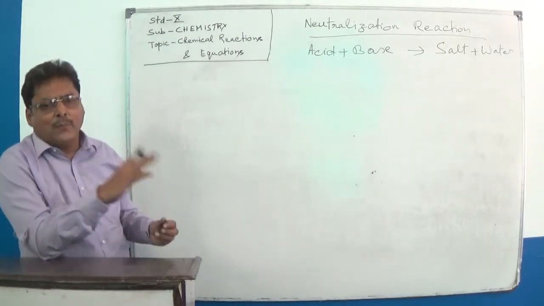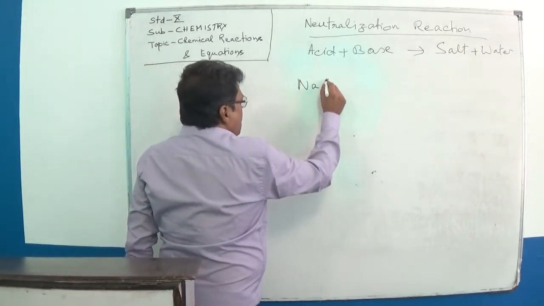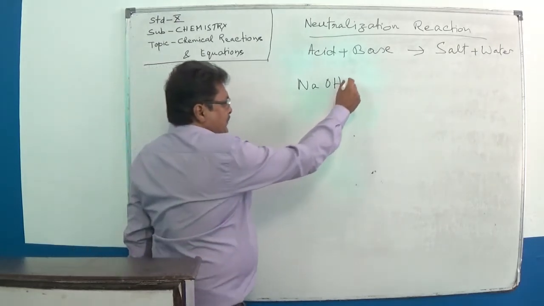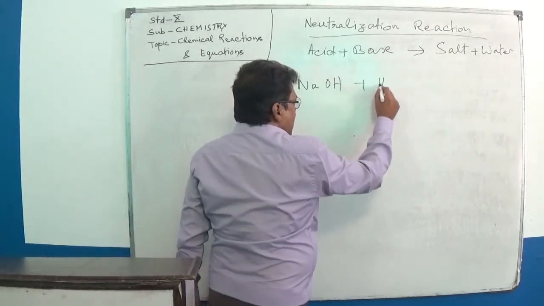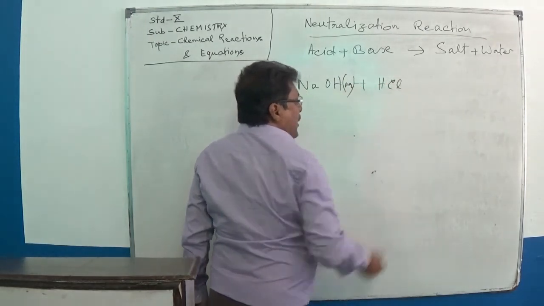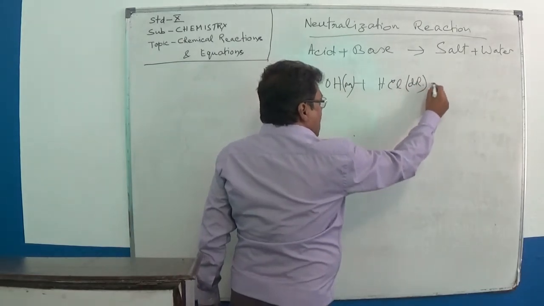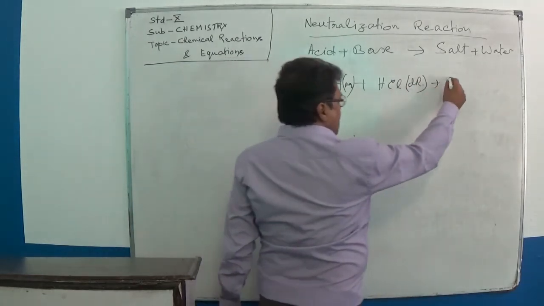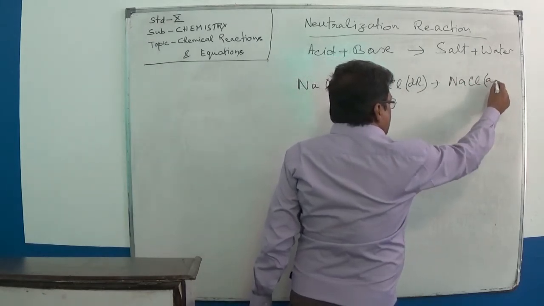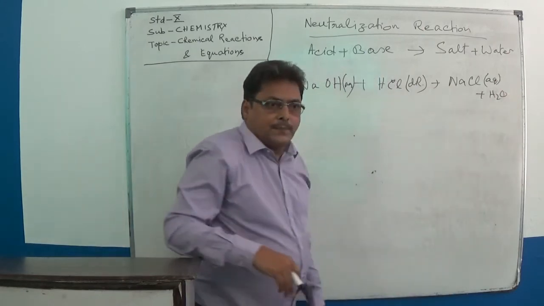Let me give you some common examples. Say sodium hydroxide, in aqueous form, is mixed with hydrochloric acid, which is also diluted. They together will form sodium chloride in aqueous form and H2O.